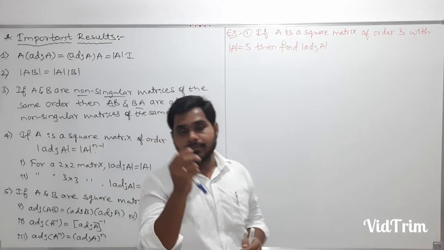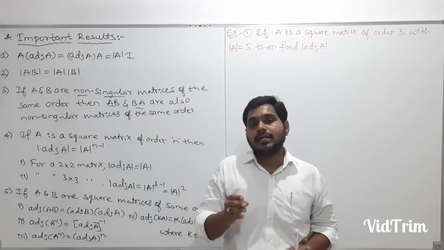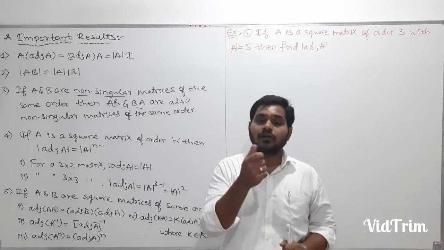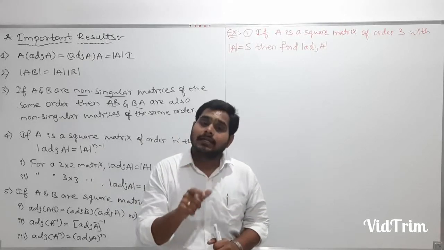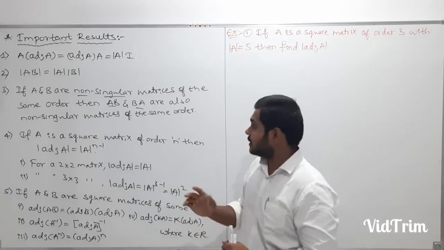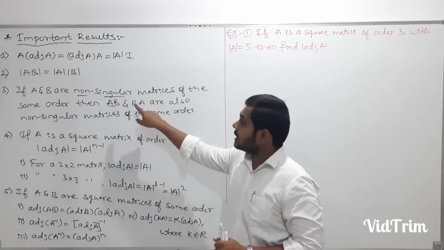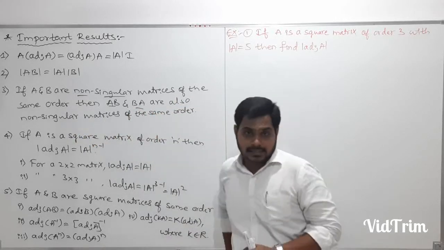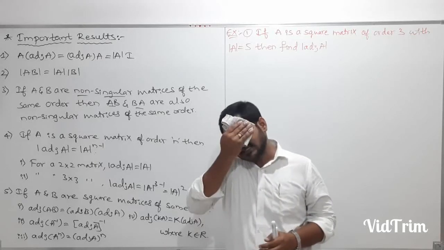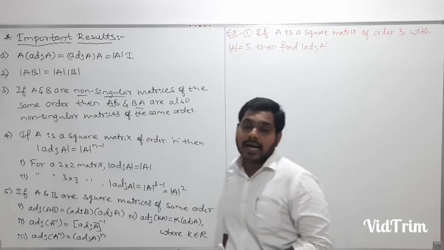If A and B are two matrices which are not singular, and you take the product of them, then the resulting matrix will also be non-singular. So this is the third result I discussed.